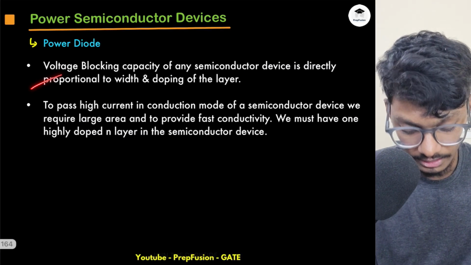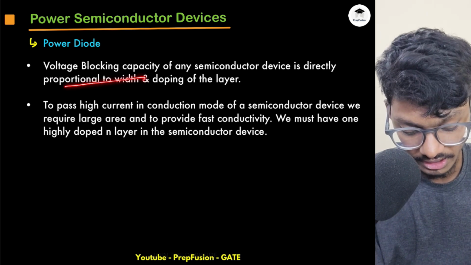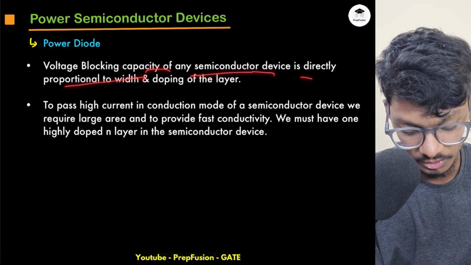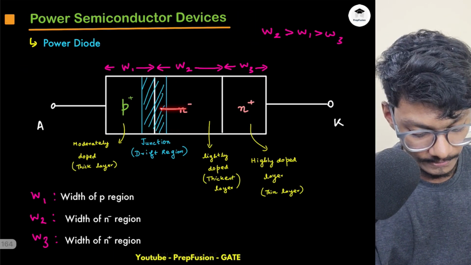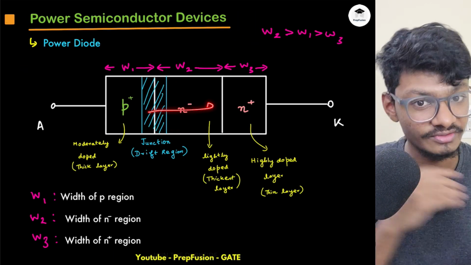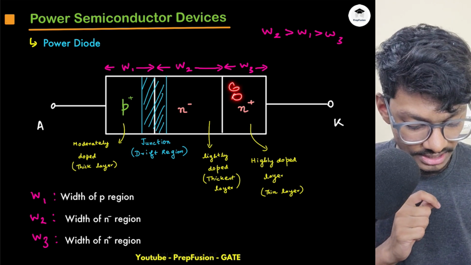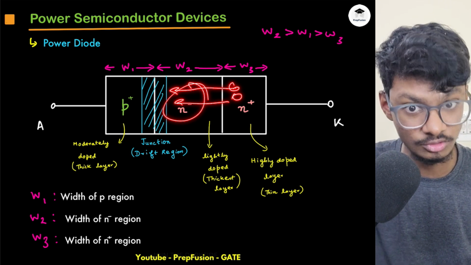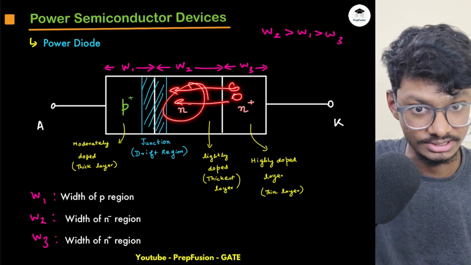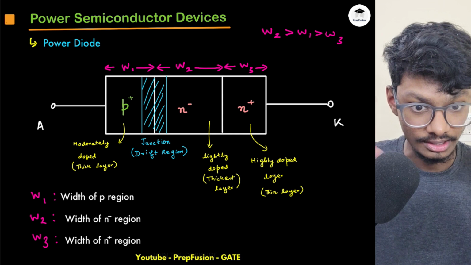Let's first read a few points. The voltage blocking capacity of any semiconductor device is proportional to the width and doping of the layer. So this is very lightly doped, and the width is very large. So the charge carriers have to travel a very long path, and there is also a very low amount of charge carriers. That's why the resistance will be more.